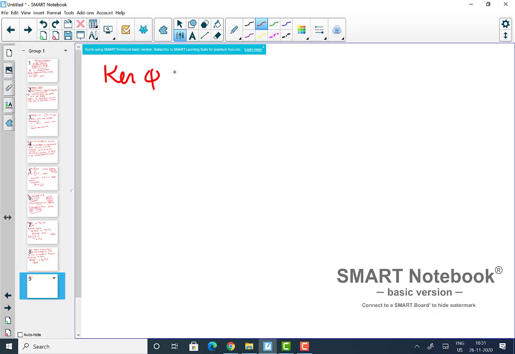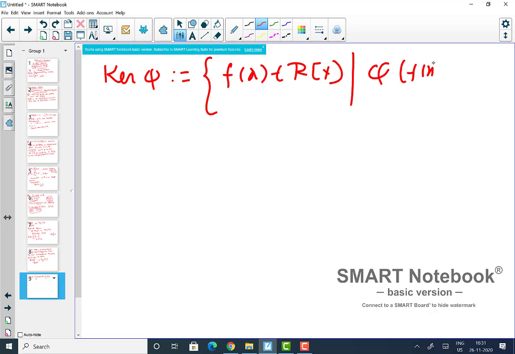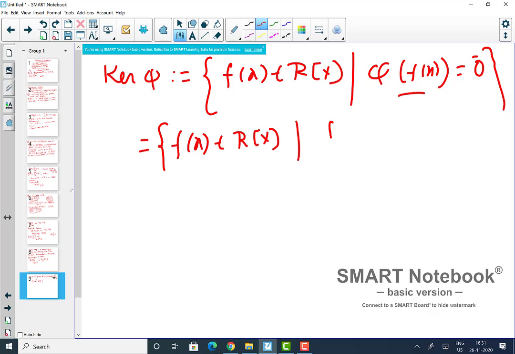The kernel of phi is by definition all those f(x) belonging to R[x] such that phi of f(x) is the identity 0, so let me write 0 bar, it doesn't matter. What does that mean? It means f bar of x equals 0 in (R mod I)[x].